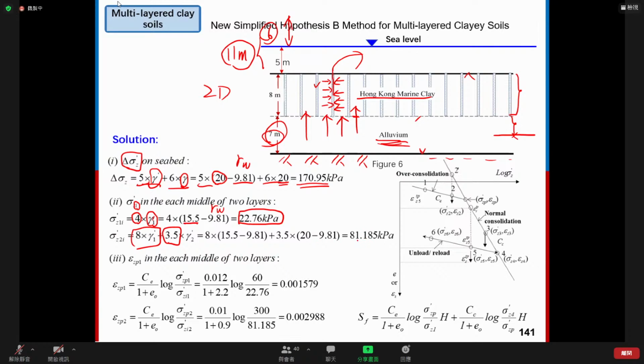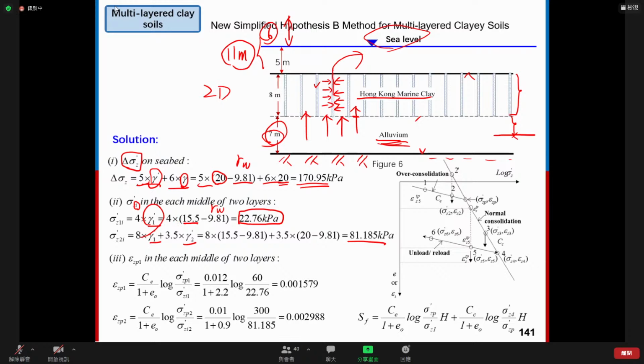So we can again get this result. All the unit weights here are saturated effective unit weights because all the soil here is submerged under the sea level, right? So we use these effective parameters.